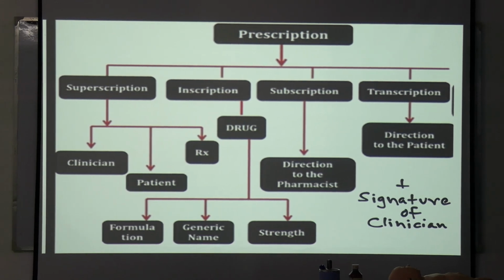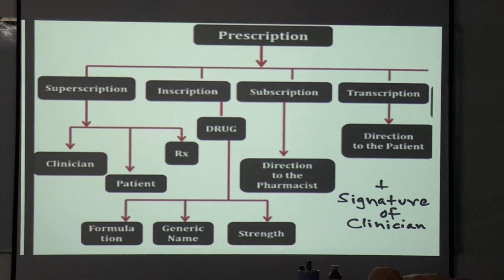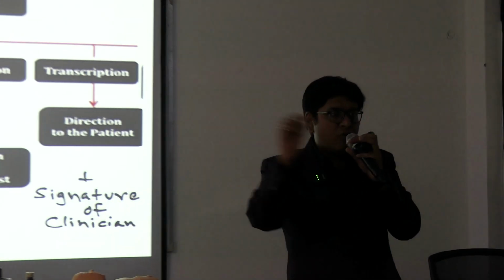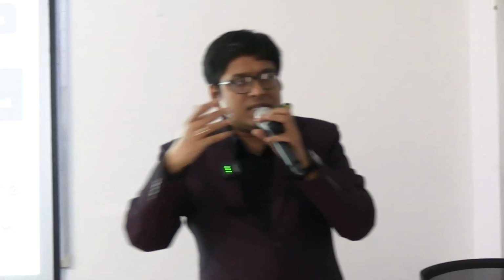This order could have been written as give 14 tablets or dispense 14 tablets. Dispense is a better word we use. But in general in prescription we don't write those words. Just if you write 14 tablets, it means it's the order given to the pharmacist to give 14 tablets to the patient to complete the course.